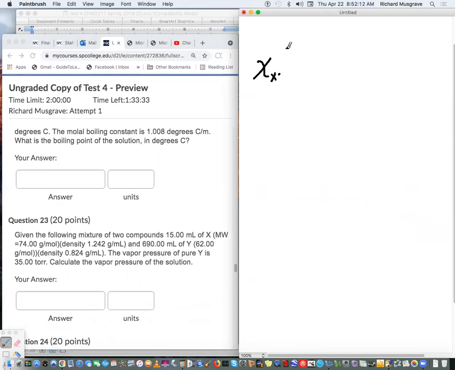Because that's the formula here. So chi X is equal to mole X over mole X plus mole Y. And you can see you're given both of these here, you're given milliliters. So this is for X, times the density.